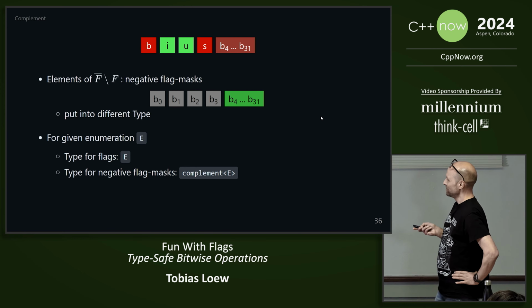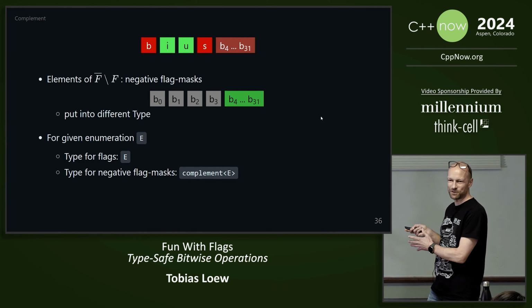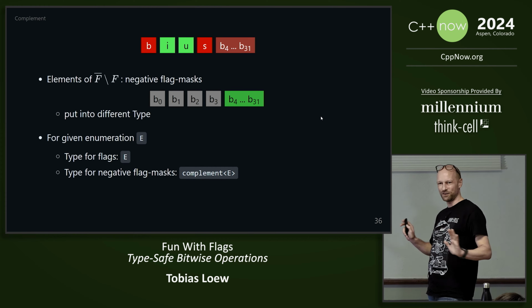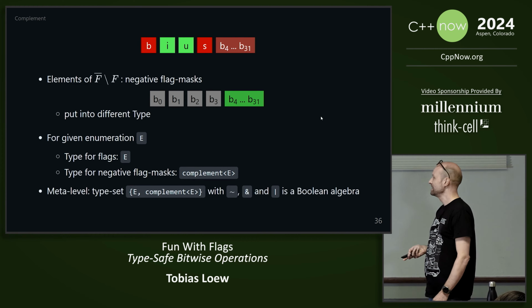And for a given enumeration E, the type of flags is E, and the type of negative flag masks I called in my library complement of E, to simply take them apart on the type level so that you can't mix them up.